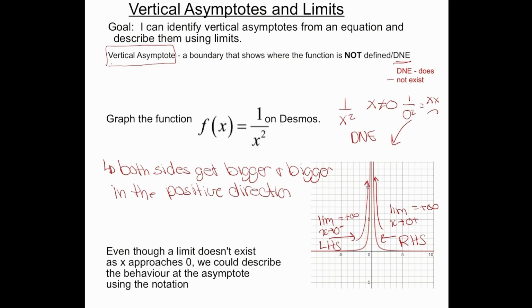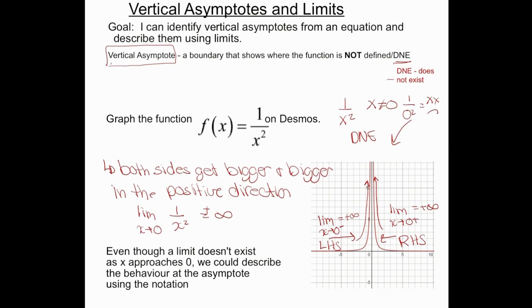And so we would say then that the limit as x approaches 0 of 1 over x squared is going to be equal to positive infinity. It's going to be approaching positive infinity from both sides.